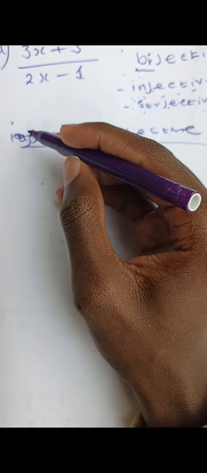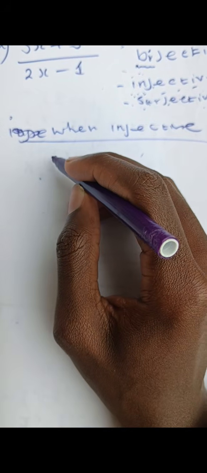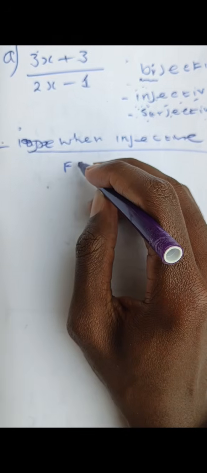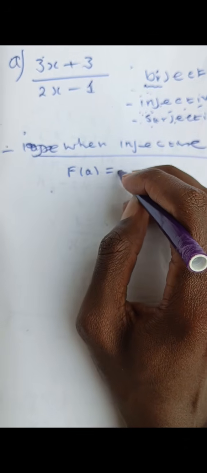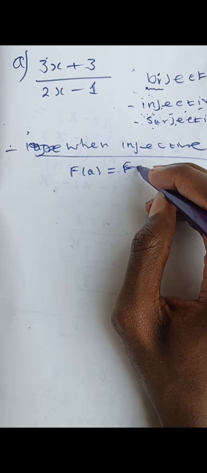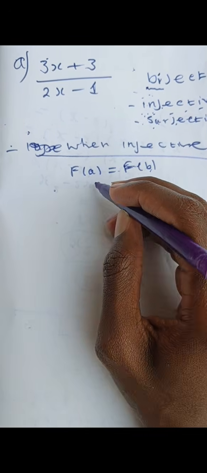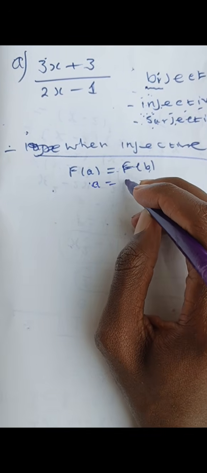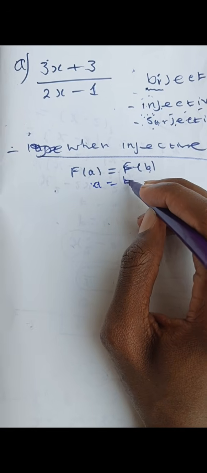When it is injective, it means that it is 1-to-1, meaning that if you find f of a and you find f of b, and they are equal, they should give you a equal to b.